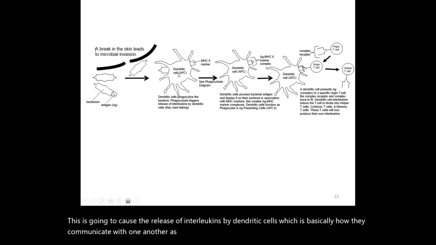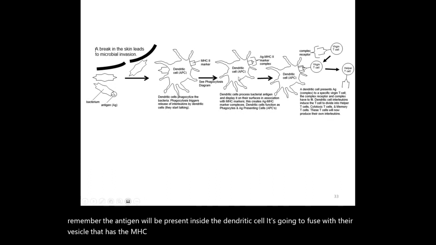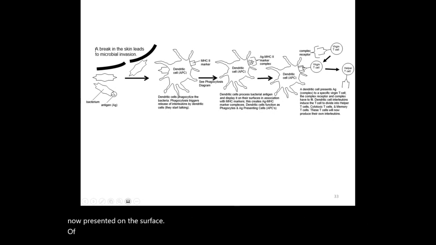After phagocytosis is complete, right? Remember, the antigen will be present inside the dendritic cell. It's going to fuse with a vesicle that has the MHC2 marker. And so then collectively, the antigen MHC2 complex is now presented on the surface of the dendritic cell. And so this is what a T cell can recognize.